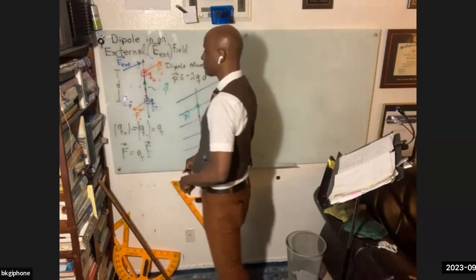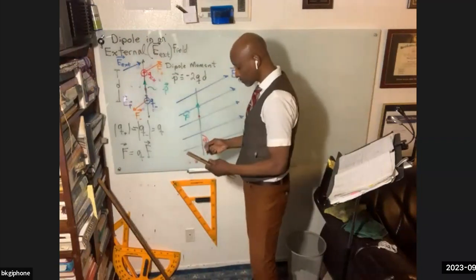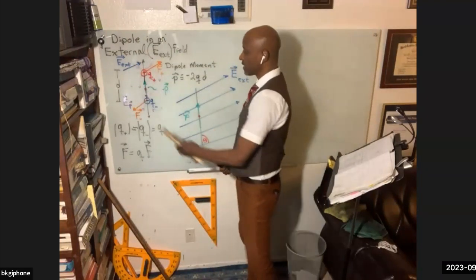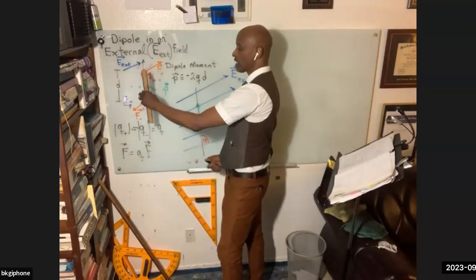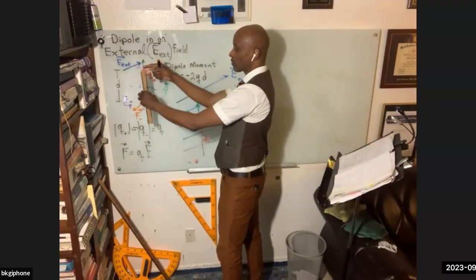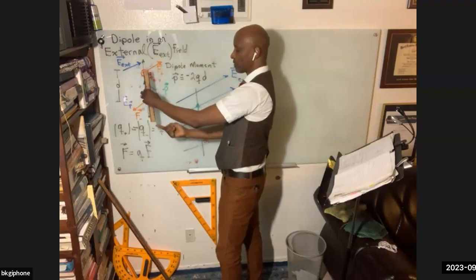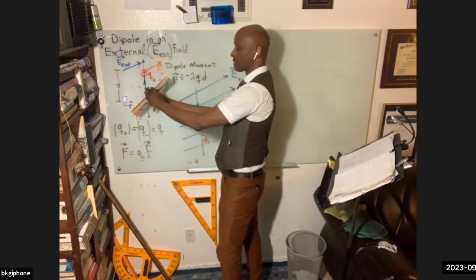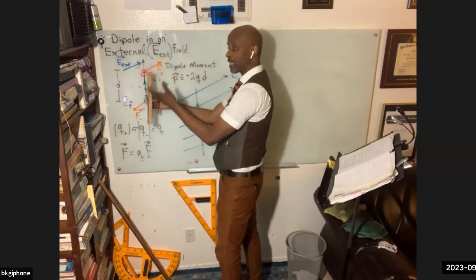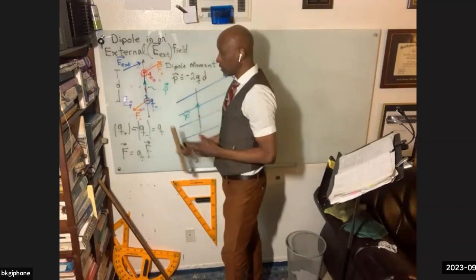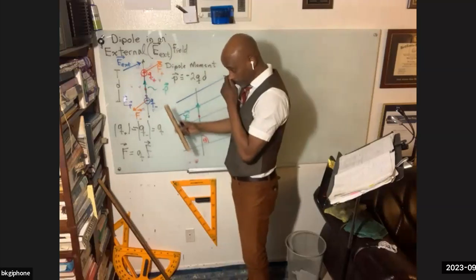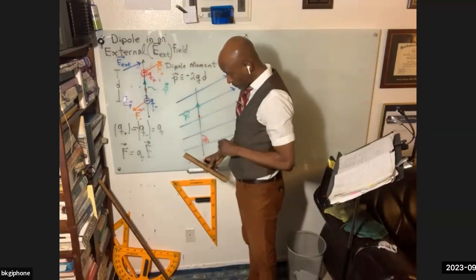Now, remember that the dipole is pinned in the center and rigid. So when you have a force on the charge here pointing in that direction, and a force on the charge here pointing in that direction, it causes the dipole to swivel. It gives an angular acceleration to the dipole, which causes it to spin.